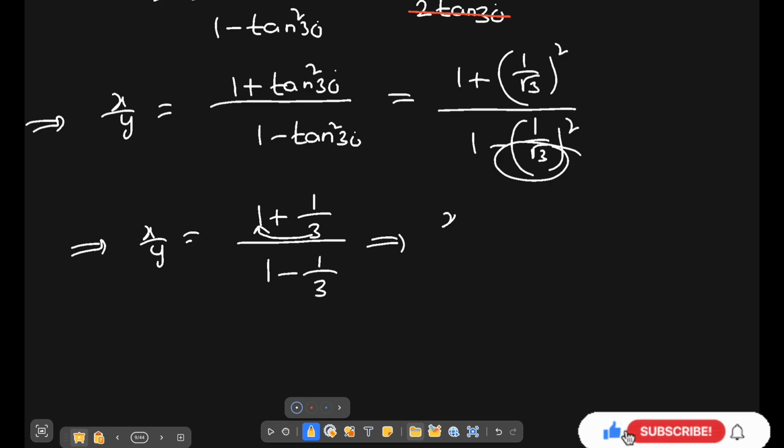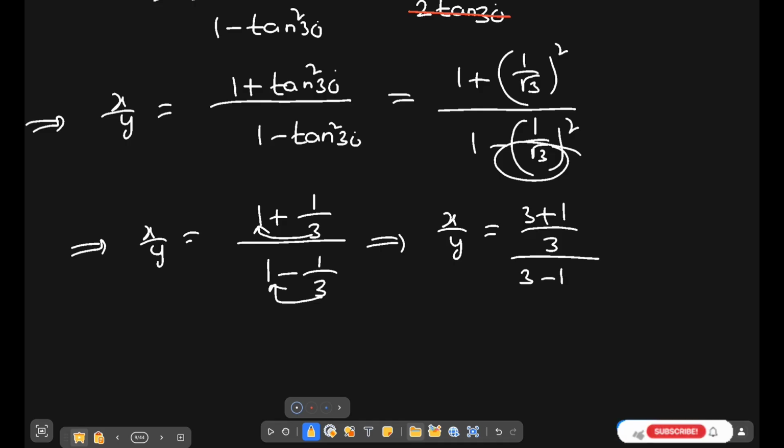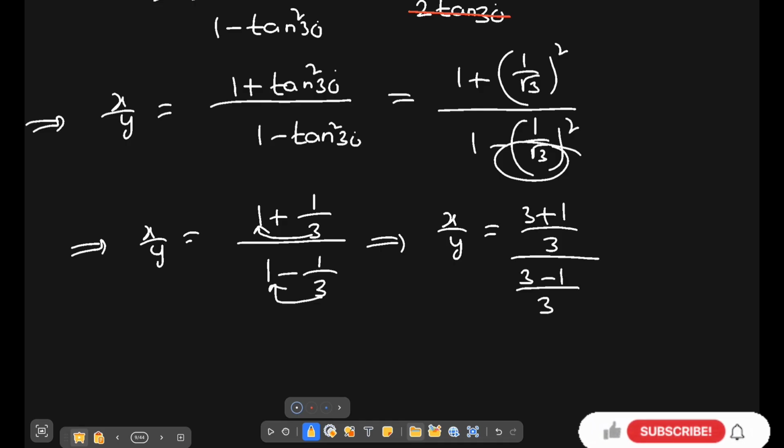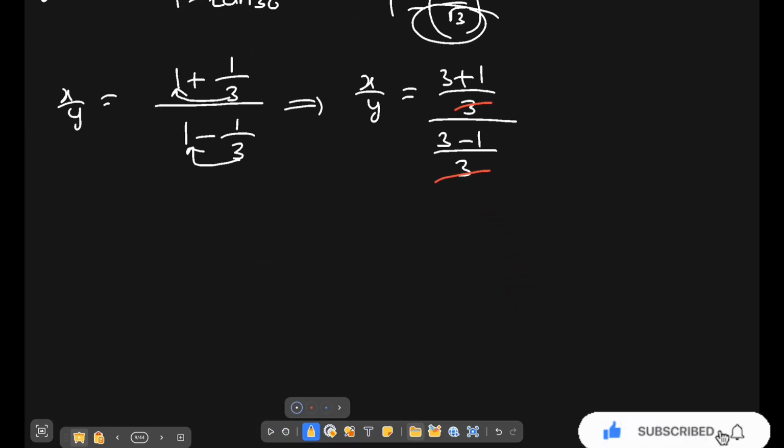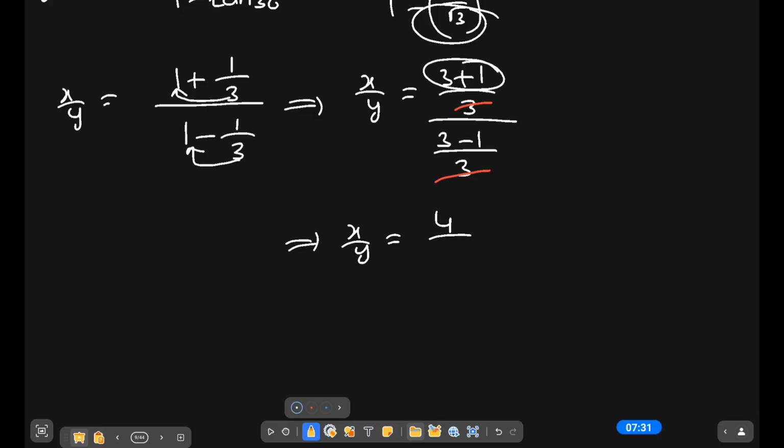What do we get? x by y is equal to 3 into 1, 3 plus 1 by 3. Here also multiply this 1 into 3. So 3 minus 1 by 3. So here these denominators get cancelled. Now what will we have? x by y is equal to 3 plus 1, 4, over 3 minus 1, 2.